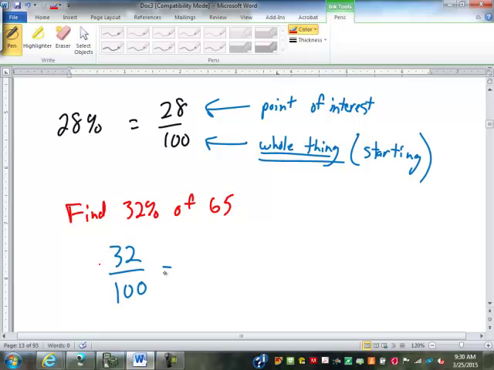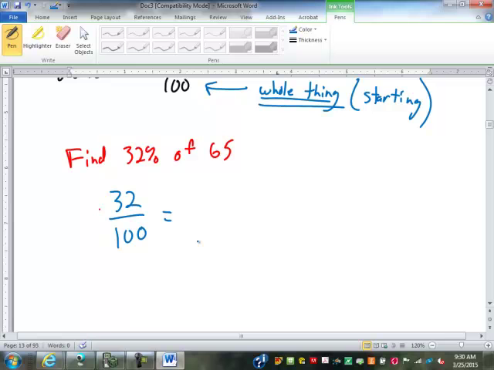I always start with the percent in these because it's a nice easy ratio, a fraction if you want to call it that. And it's a nice way to start our proportion. So now the other number in this problem is the 65. Does that 65 match up with the 32 or the 100? Well, we're asked to find the 32, so the missing number matches up with the 32. The 65 is the whole thing.